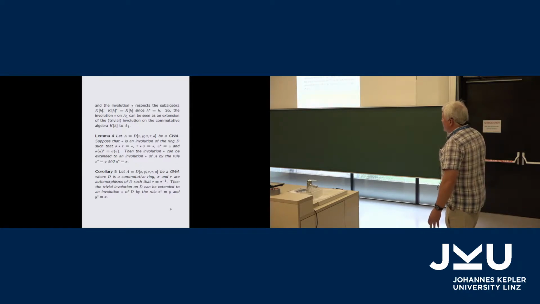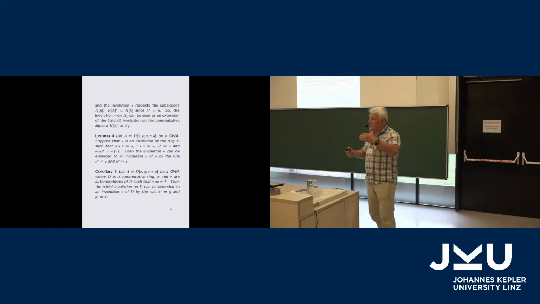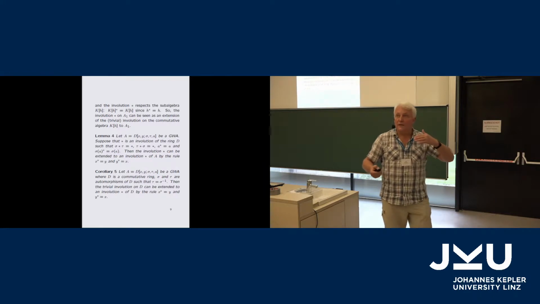So for example, in the particular case when D is a commutative ring and sigma and tau are automorphisms, and tau is sigma minus 1, then the trivial involution, where star is a trivial map, so sigma tau is the identity map, and this is also not a condition because star acts trivially on D. So it's always possible to extend the trivial involution to the whole ring.